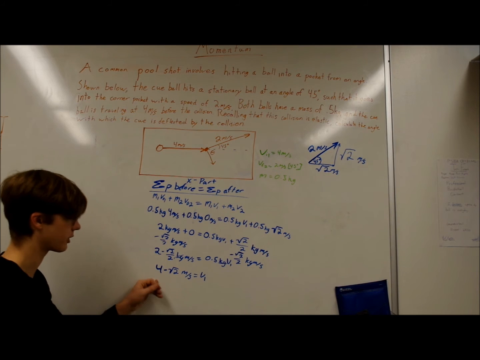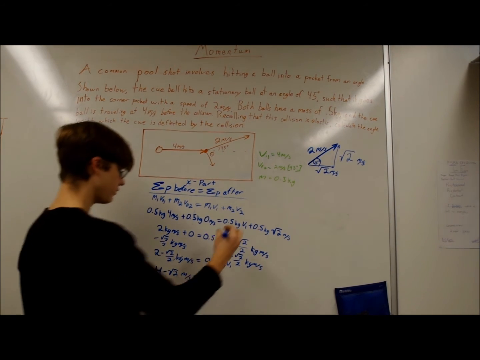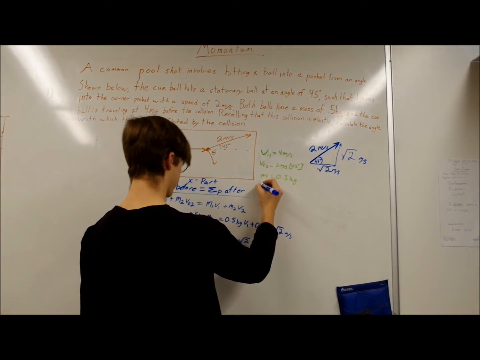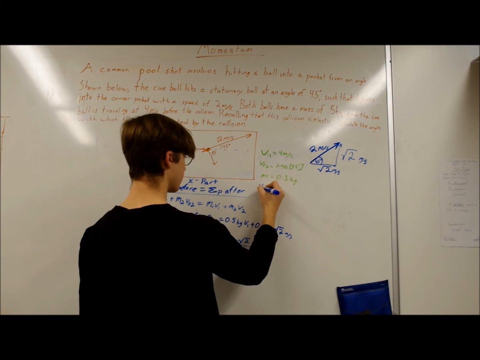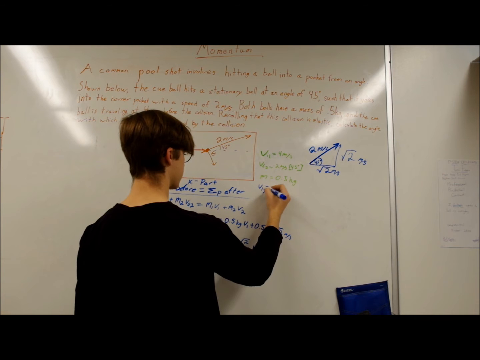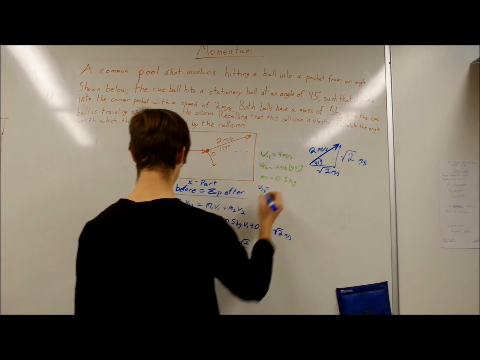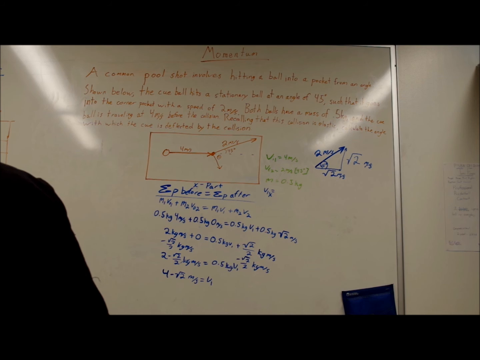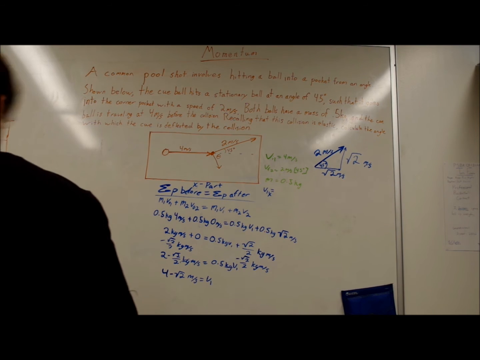And this is in the x part. So now we have our velocity in the x direction equals 4 minus square root of 2, about 2.6.